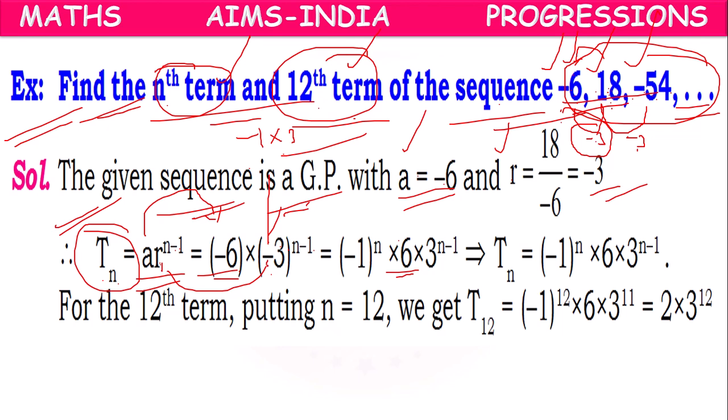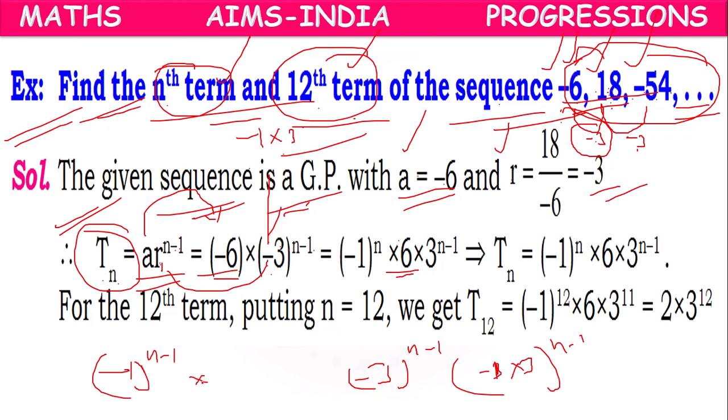So minus 3 whole power n minus 1 can be separated as minus 1 whole power n minus 1 into 3 whole power n minus 1.